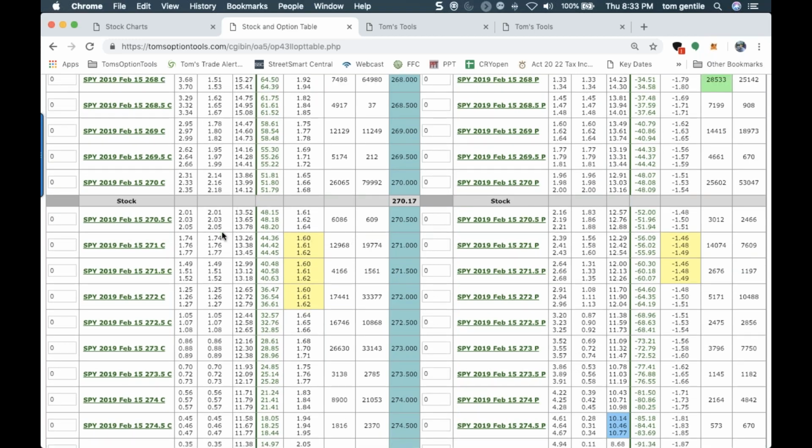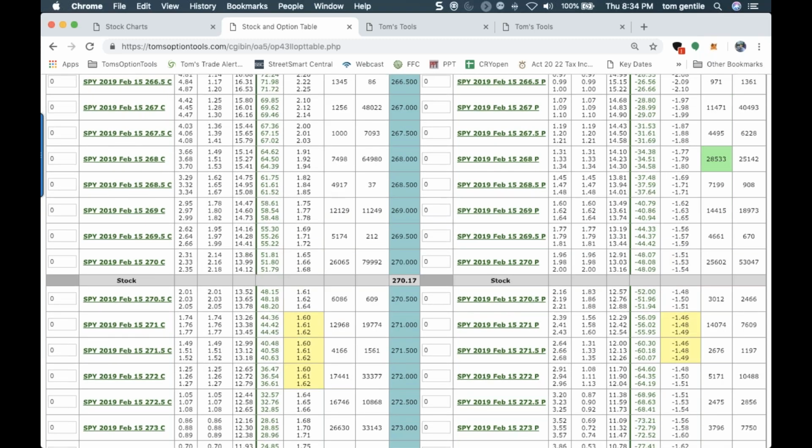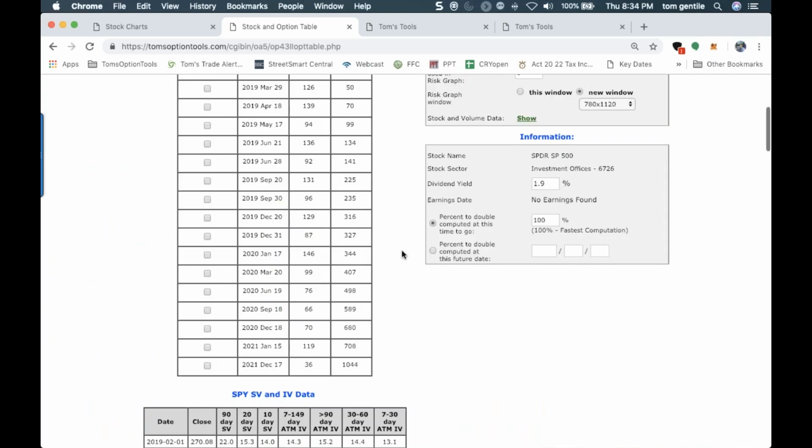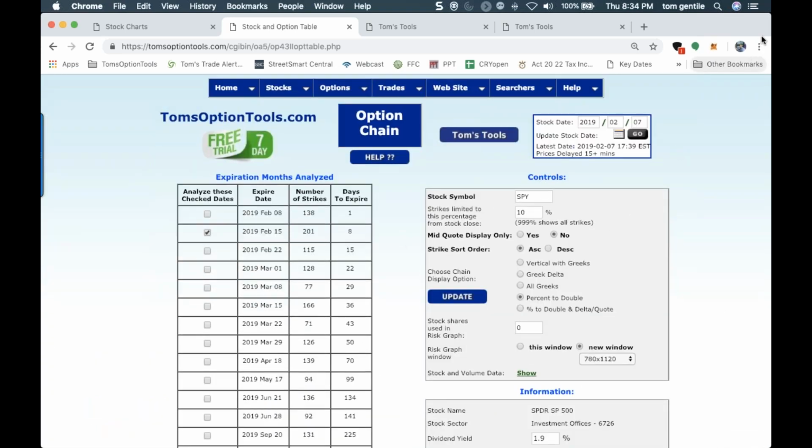Look at this, 270 halves, 201 by 205, 4 cents. 271s, 174 by 177, 3 cents. These are very, very liquid. There are a lot of ETFs out there that are incredibly liquid. So, to answer the question once again, it's about the bid-ask spread. To me, that is more important than volume or open interest.